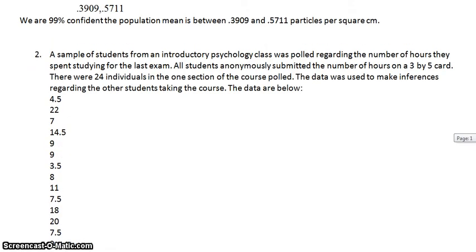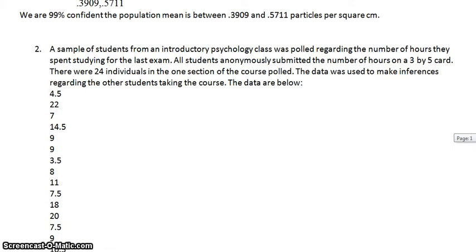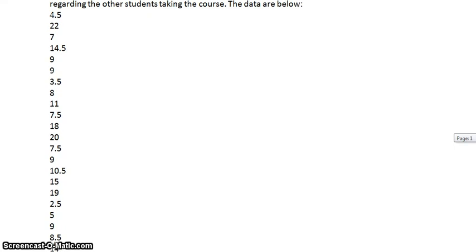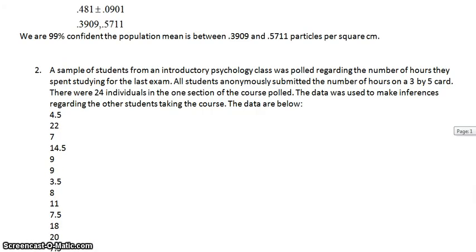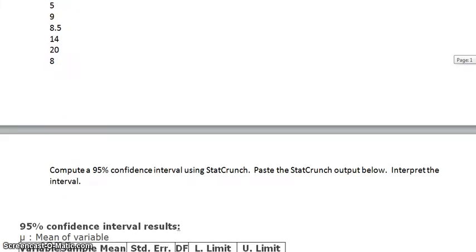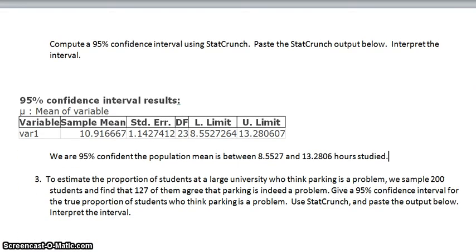And what are the units here? Hours studied. So in other words, we think the mean of all introductory psychology students studied for the last exam, the population mean, keep in mind we're doing the population mean, is in between about 8.5 hours and 13 and a little bit.